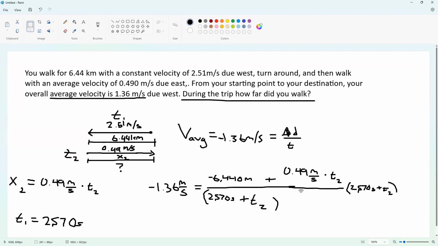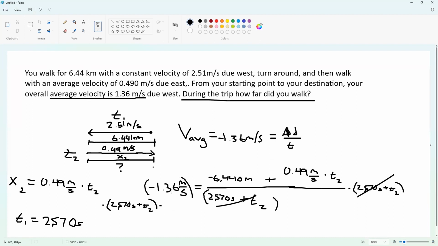Multiply both sides by it. And I'll get rid of this bottom part. We'll have this over here.